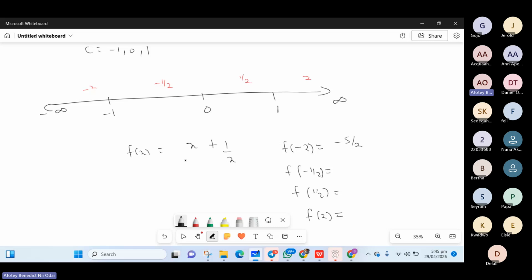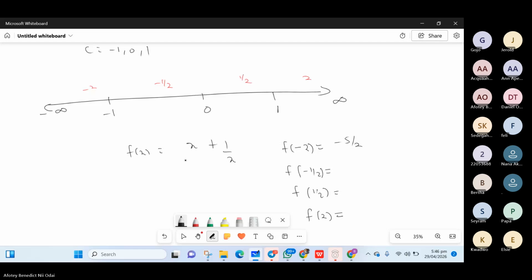Just a minute. Negative half, negative 0.5, minus 1 on 0.5.